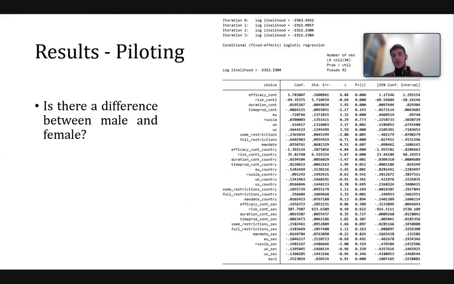Okay, just to conclude here, and then I'm happy to answer any question that you might have. Another classic investigation that we typically do as economists is to look at the differences between male and female. Again, this is an individual characteristic.